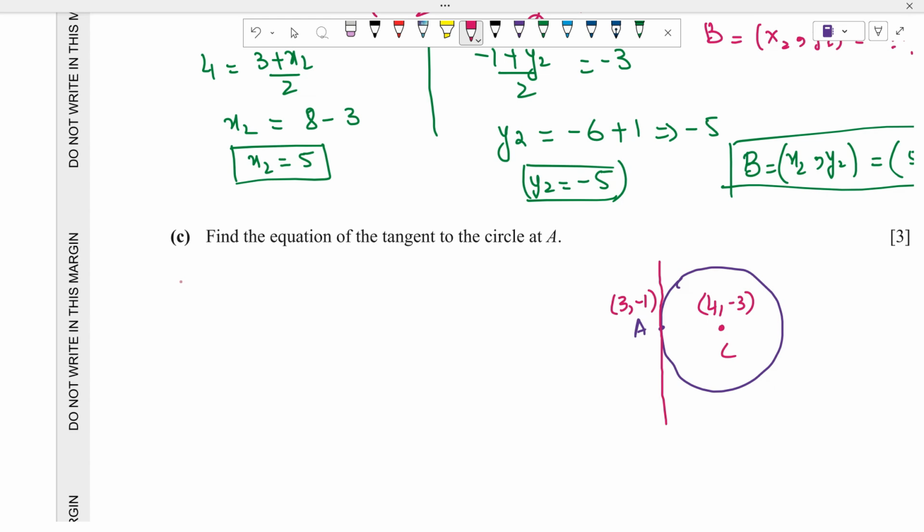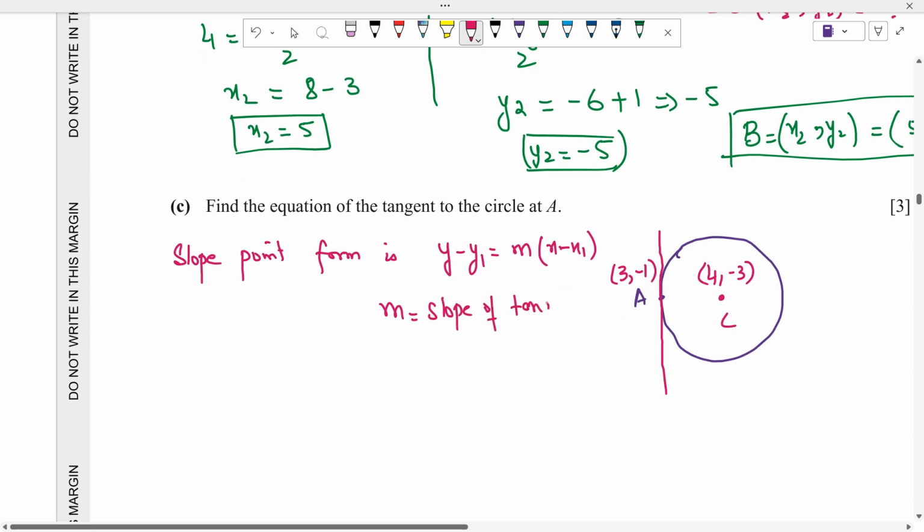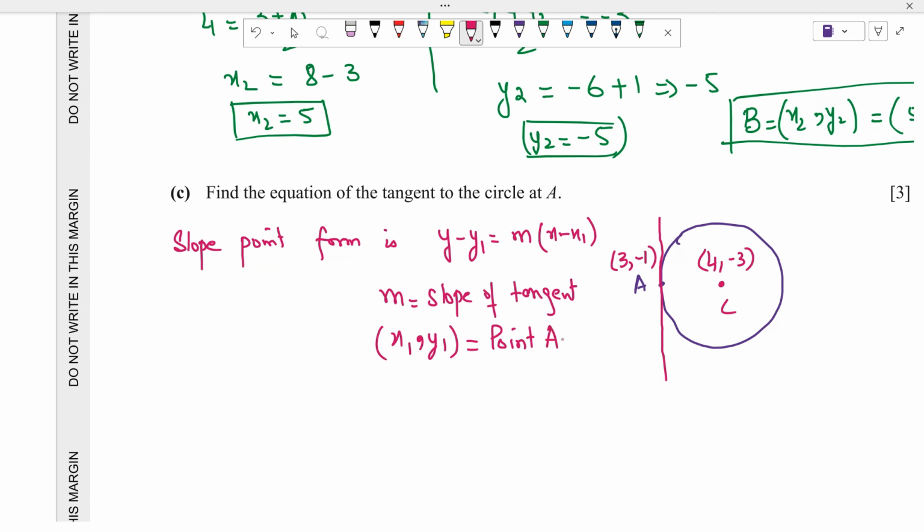So slope point form is y minus y1 equals m times (x minus x1), and m is the slope of the tangent, and (x1, y1) is the point A, which is given, which is (3, -1).